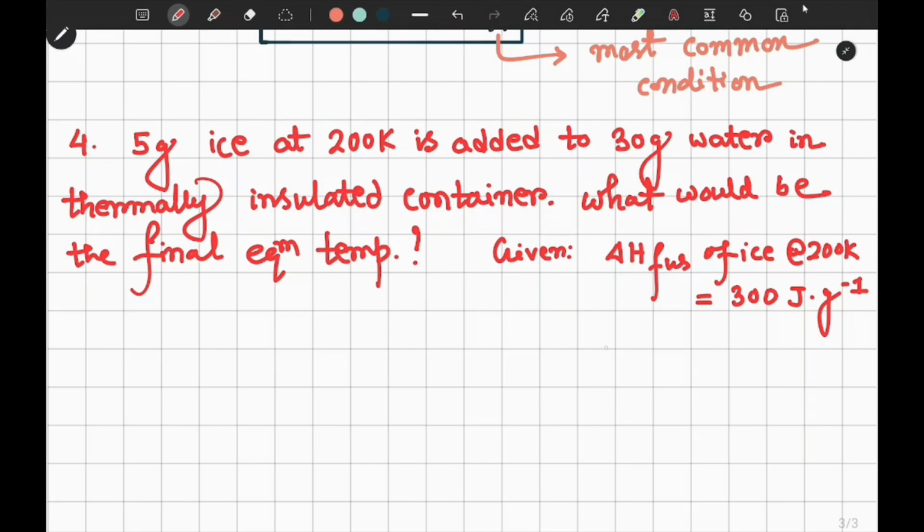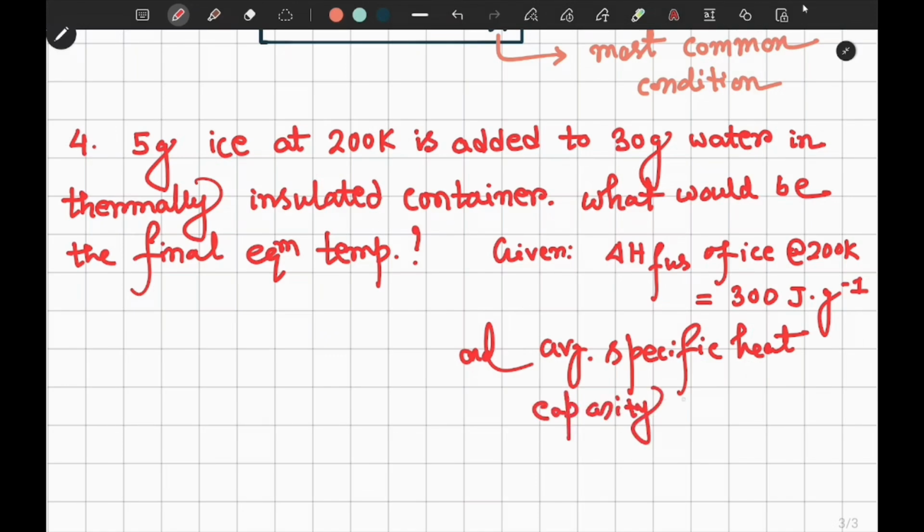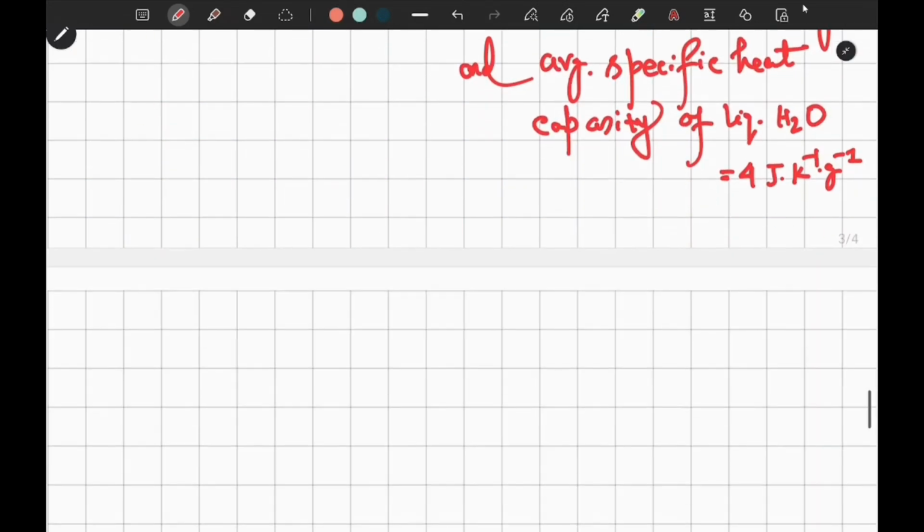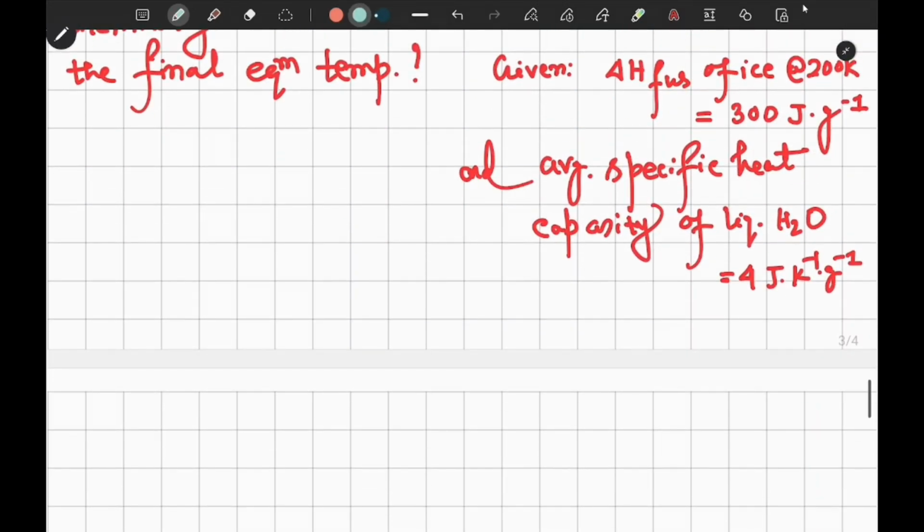And it is also given the average specific heat capacity of liquid water, that is 4 joule Kelvin inverse gram inverse. So this type of question you have probably solved in your higher secondary levels.